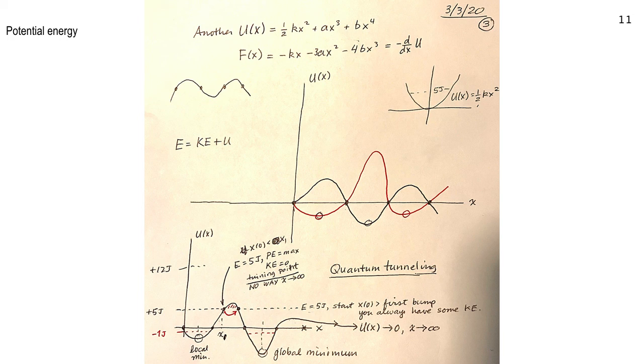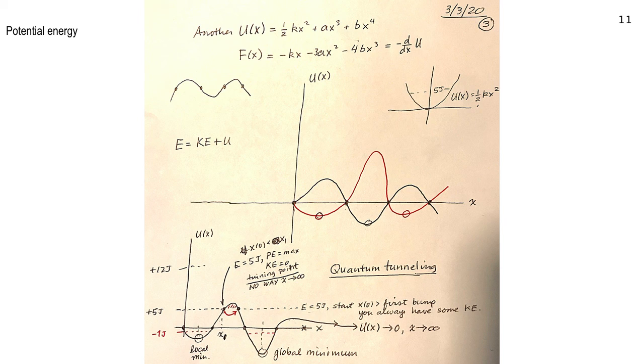You'll have, if you're above the curve, this is where the potential energy is a minimum and kinetic energy is a maximum. And this is the same thing, global minimum of potential energy, global maximum of kinetic, if this is your kinetic energy. Now, if you have a little bit more total mechanical energy, like 5 joules, so this is like positive 5 joules.